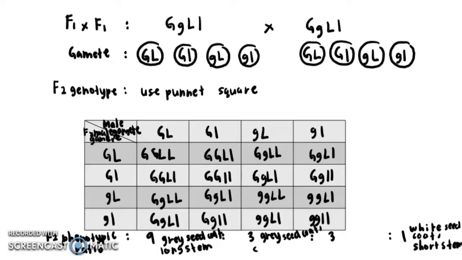So it will become short stem. And then the other one here is white seed coat, long stem. So this is how you show the self cross between F1 to get the F2 generation for dihybrid cross. So you have to take note.